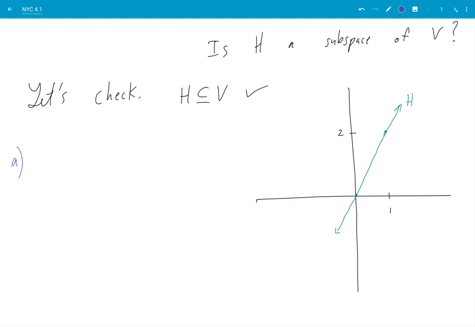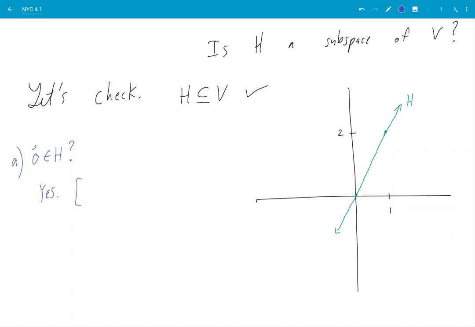A: is the zero vector in H? Well, the answer here is yes, right? You can see it here. But we should get used to writing these things down. Yes. Why is that?